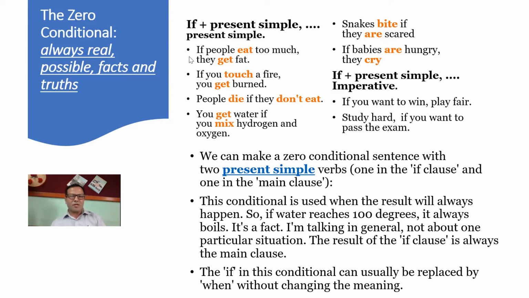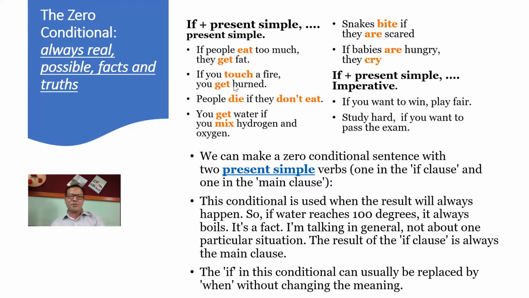The first one is, if people eat too much, they get fat. Just see the structure of the clauses. Both the clauses are in simple present tense. Subject plus V1 and subject plus V1. So if plus present simple means subject plus V1.